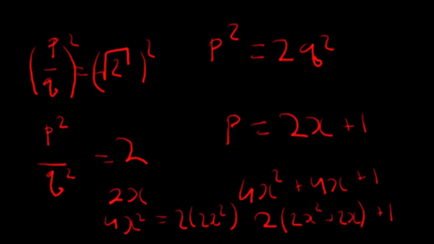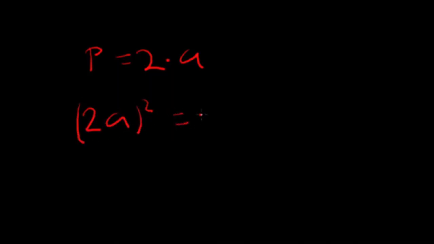That means that p may be written as just 2 times some integer a. If we plug this into our equation, we get 2 times a squared, all squared, is equal to 2 times q squared.